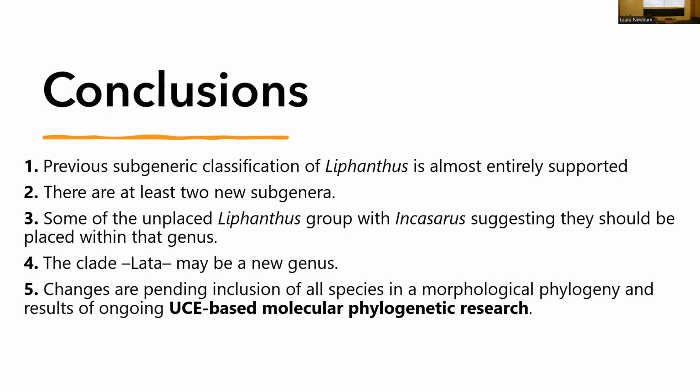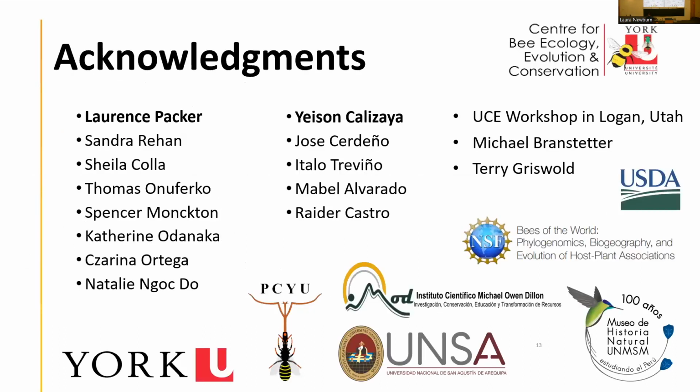The clade Lata might be a new genus, and most importantly, all these changes are pending the inclusion of all species in a morphological phylogeny and ongoing UCE phylogenetic research.